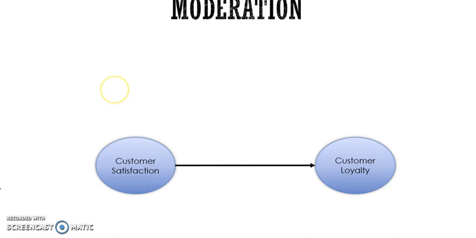It occurs when the moderator changes the strength or even the direction of the relationship between two constructs in the model. For example, income has been shown to significantly affect the strength of the relationship between customer satisfaction and customer loyalty. In this context, income serves as a moderator variable on the satisfaction to loyalty relationship. Specifically, the relationship between satisfaction and loyalty has been shown to be weaker for people with high income than for people with low income.